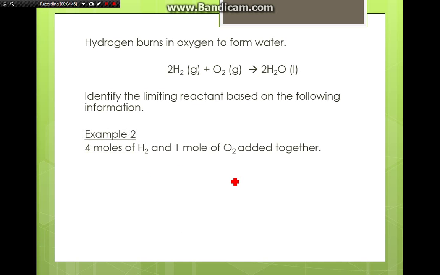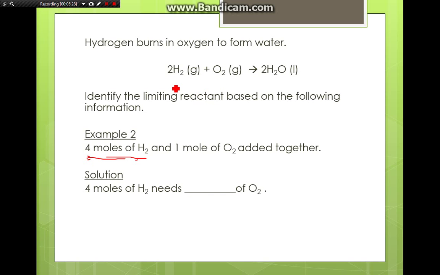Second example, we will use the same reaction, hydrogen and oxygen, but now our quantities have changed. Now I've mixed 4 moles of hydrogen and 1 mole of oxygen. So let's figure out which one is the limiting reactant. I'll use this first piece of information, 4 moles of hydrogen, and I ask myself, if I have 4 moles of hydrogen, how much oxygen do I need? To look at how much we need, we look at the balance equation, 2:1.